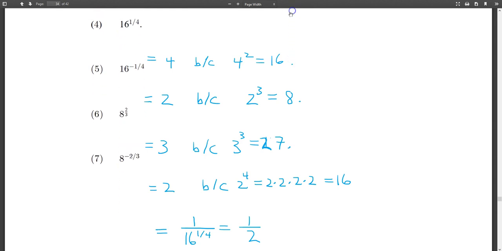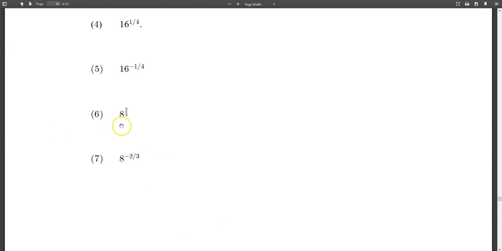Let's take a look at 2 more here. What would 8 to the 2/3 be? Well, we have to write this as 8 to the 1/3 squared, following our rules.